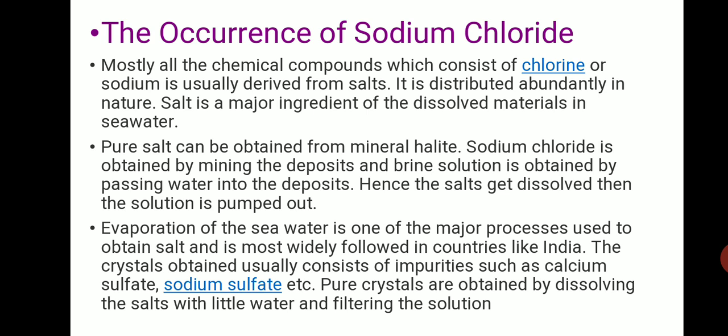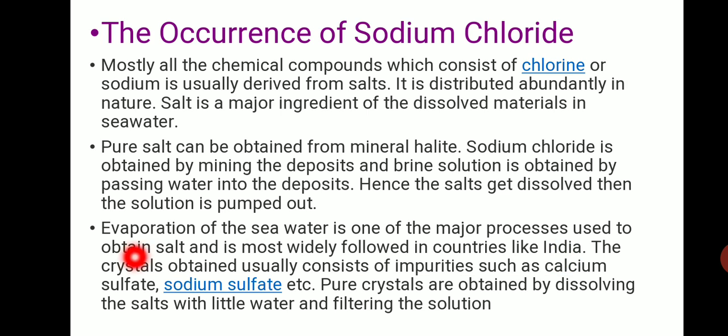So one of the origins of common salt is the underground deposits. The other one is seawater. Evaporation of seawater is one of the major processes used to obtain salt, and it is most widely followed in countries like India.